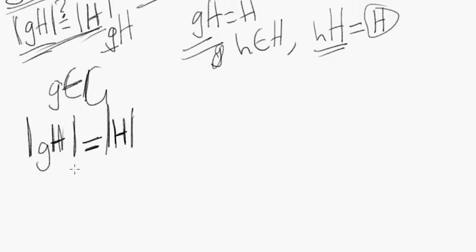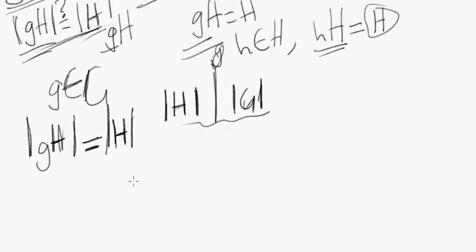Because our overall goal, recall, is to find the relationship between the cardinality of H and the cardinality of G. In fact, we want to figure out if the cardinality of H divides the cardinality of G. That's what Lagrange's theorem talks about.